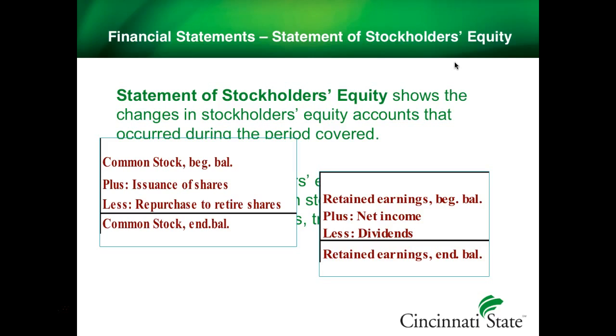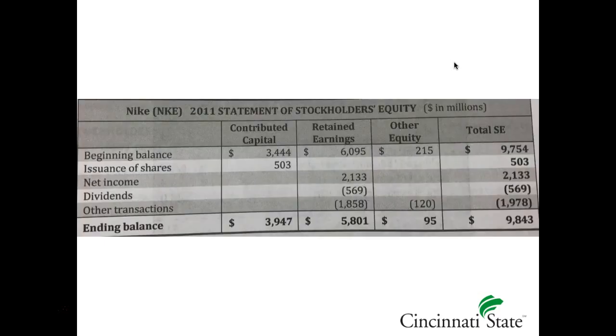On Nike's statement of stockholders' equity, you can see the changes in contributed capital and retained earnings and other equity from the beginning of fiscal 2011 to the end of fiscal 2011. You can see that the balance of contributed capital increased by $502 million because of issuance of new shares.